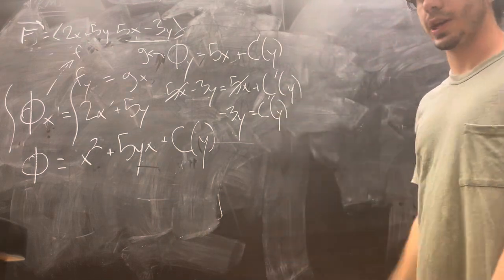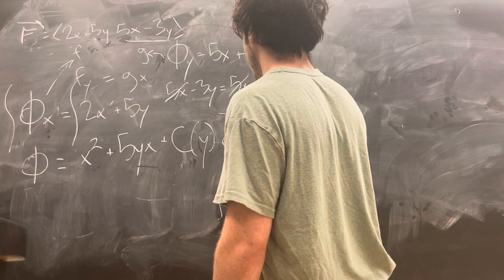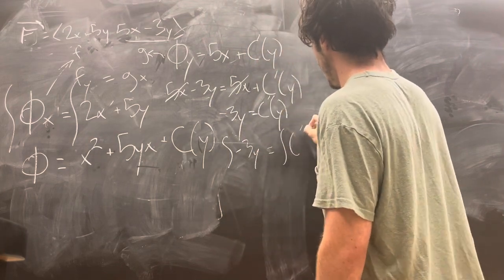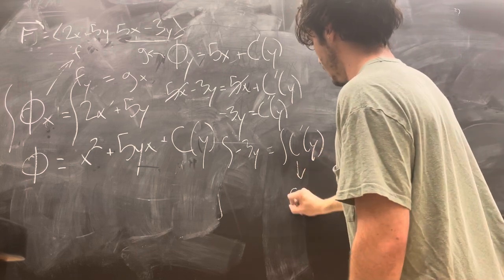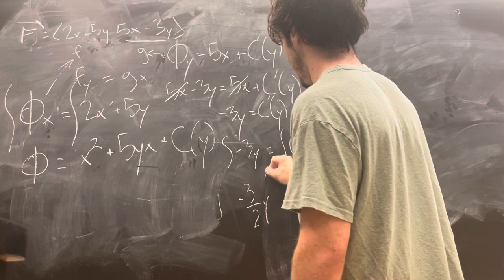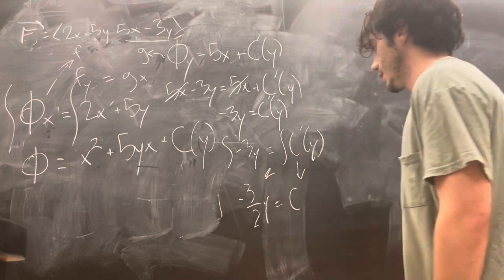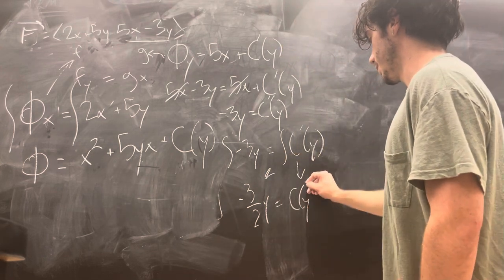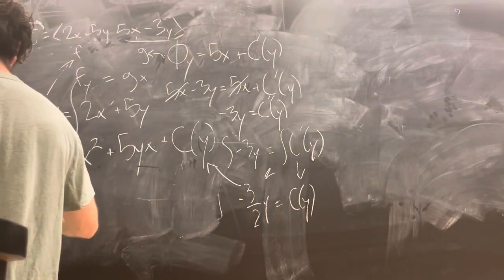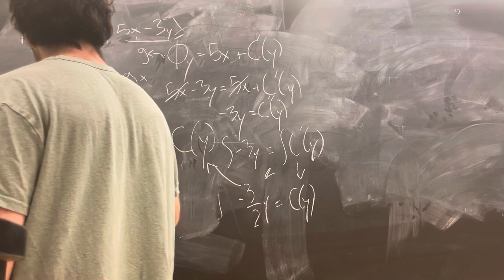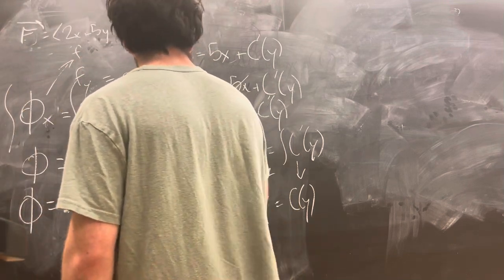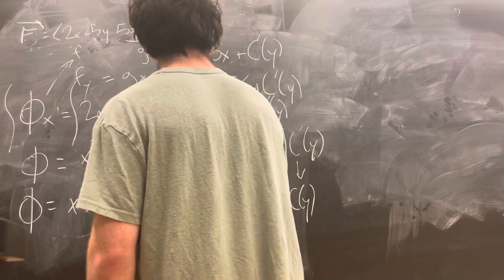And then to find this, we can integrate both sides, where this just goes to some constant, while this here goes to negative 3 halves y squared, which is equal to our constant with respect to y. But now we can plug this back in here, and we have that our whole potential function is equal to x squared plus 5yx minus 3 halves y squared.